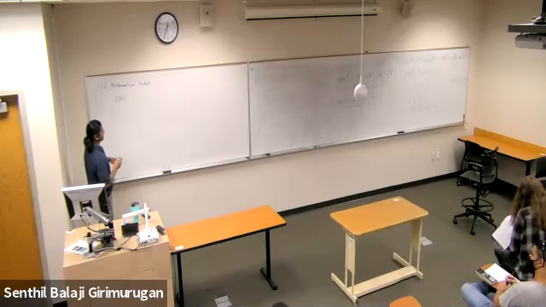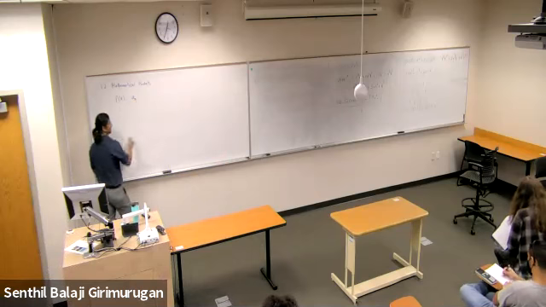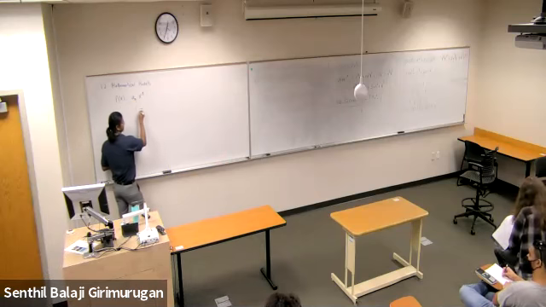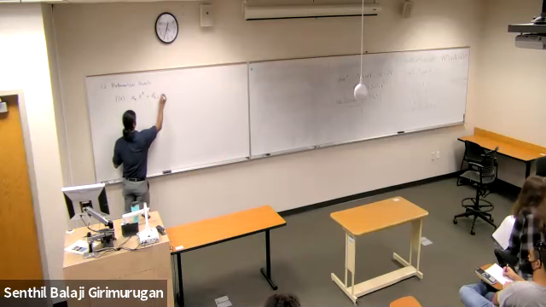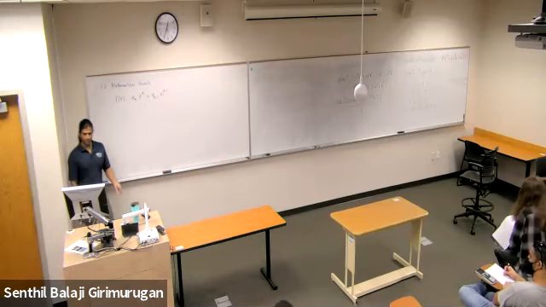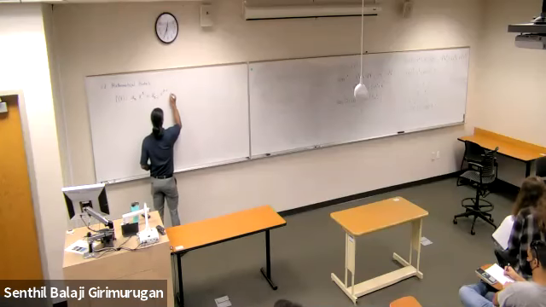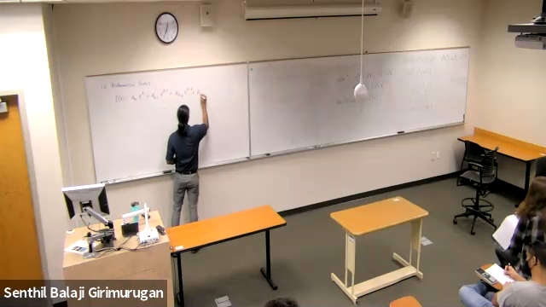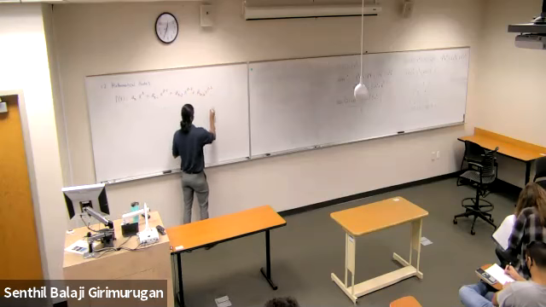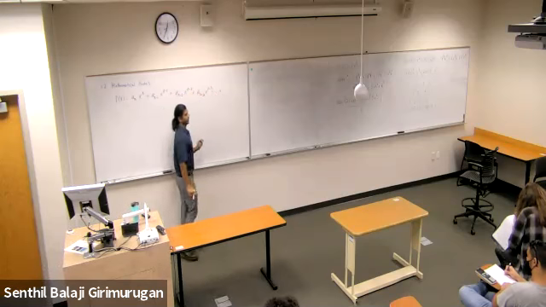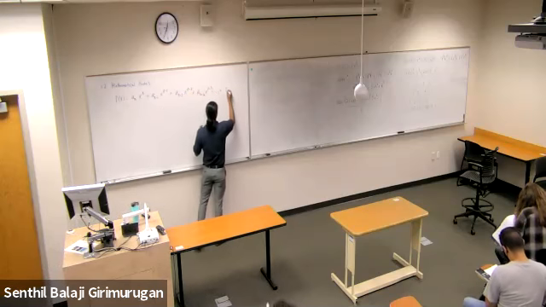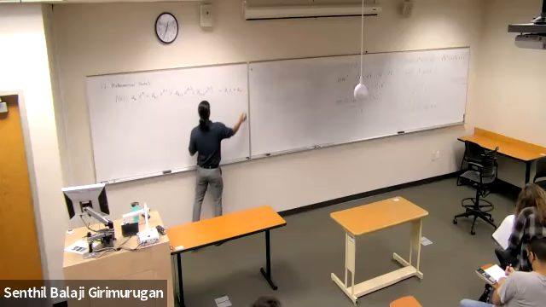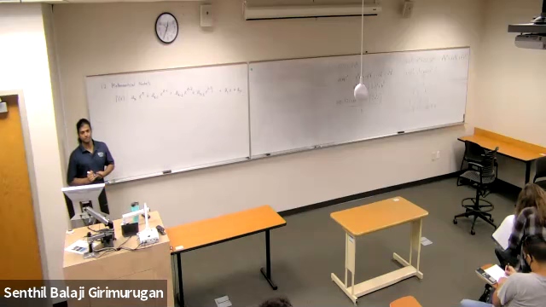So the algebraic function that we always use has a general form, which is a sub n x raised n, plus a sub n minus 1 x raised n minus 1, plus a sub n minus 2 times x raised n minus 2, plus a sub n minus 3 times x raised n minus 3, dot dot dot, all the way up to a1 x plus a sub 0.